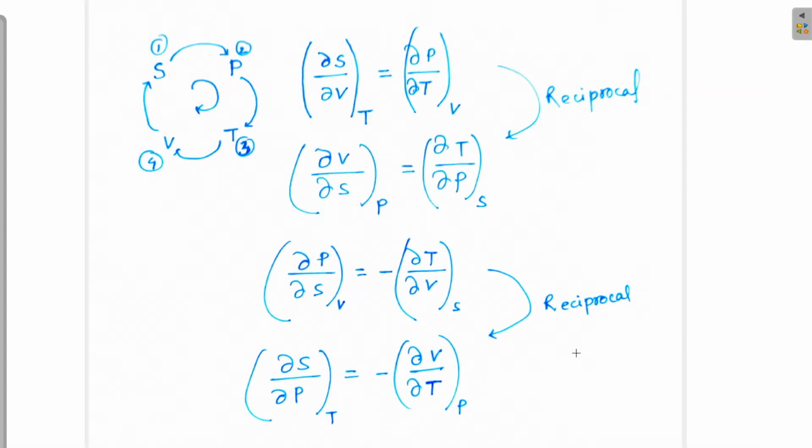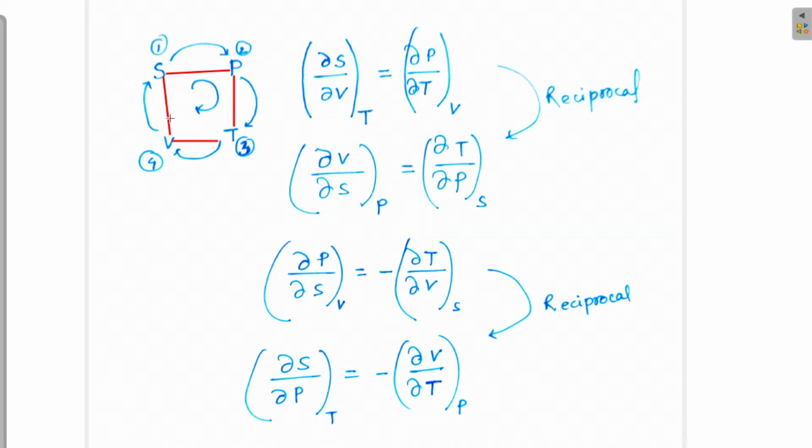Then step 2 is I will place all these four thermodynamic variables in a cyclic, or clockwise, direction like this. This is like "spatial TV".